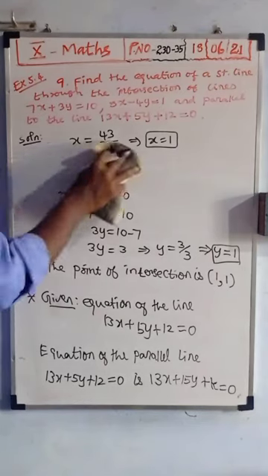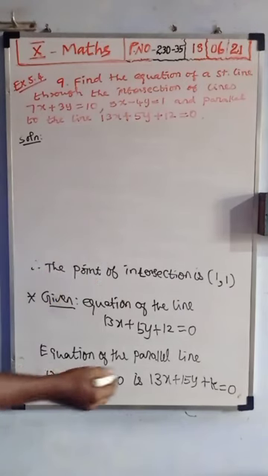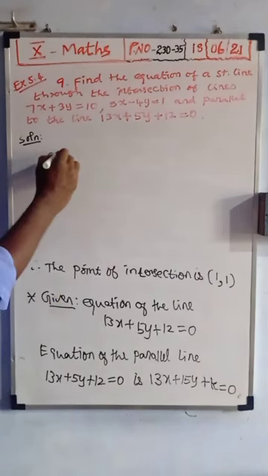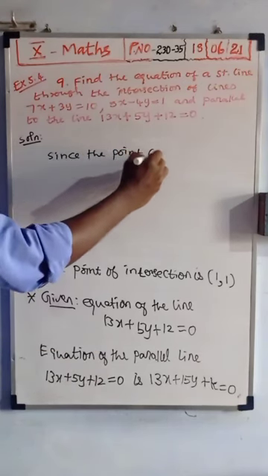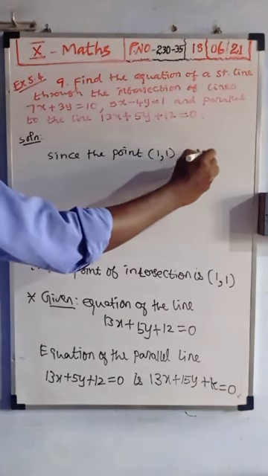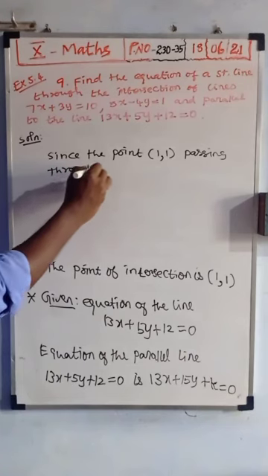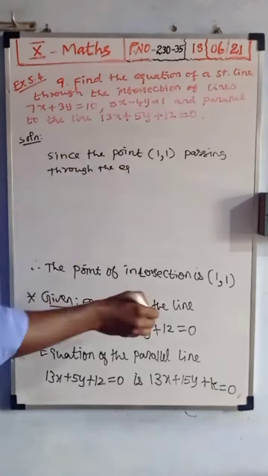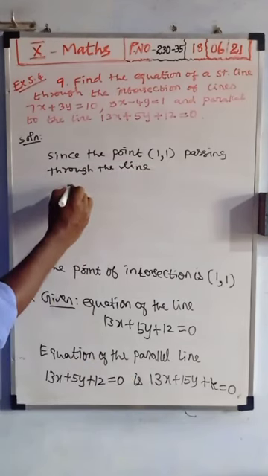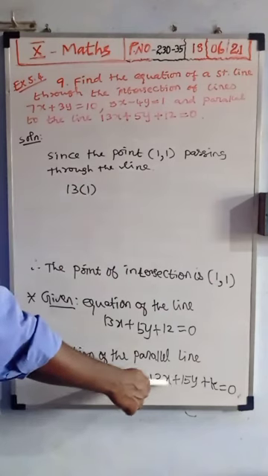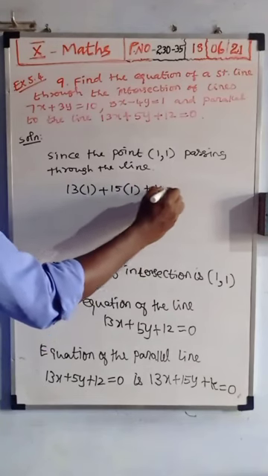Okay, now, since the point of intersection 1 comma 1 is passing through this line, substitute: 13 times 1, instead of x, plus 5 times 1, instead of y, plus k is equal to 0.